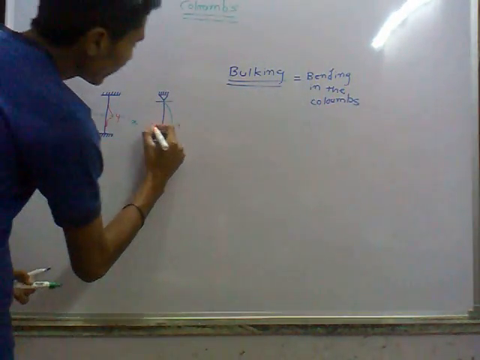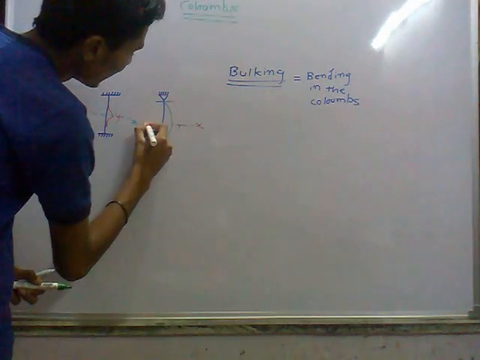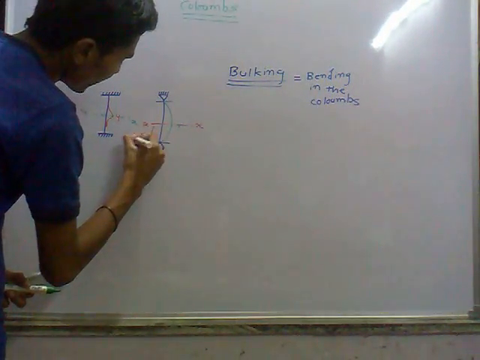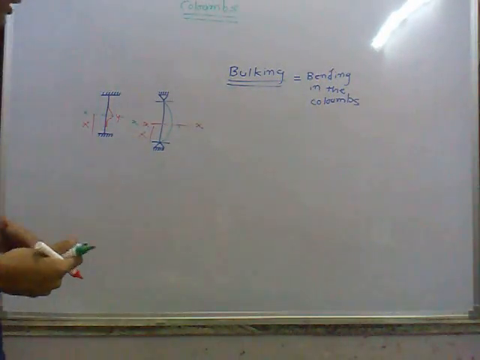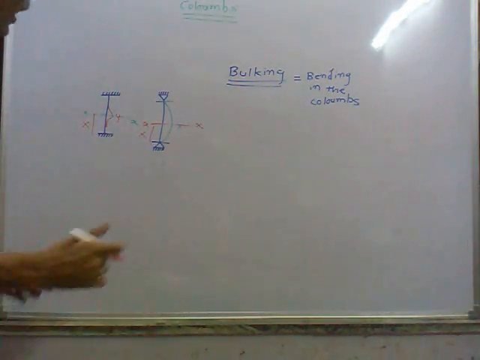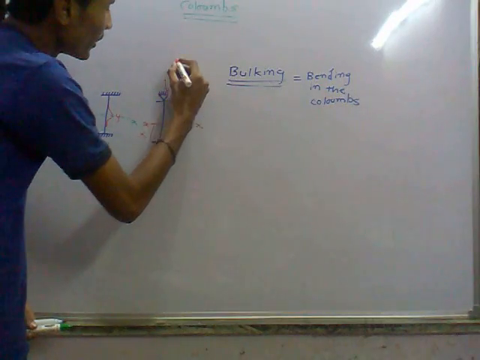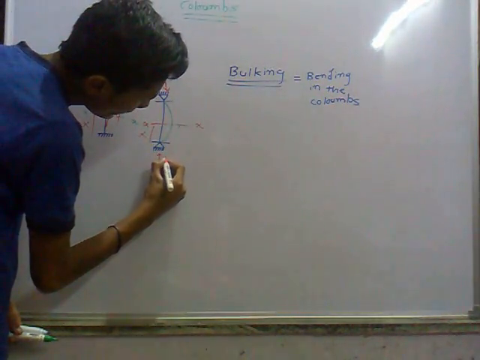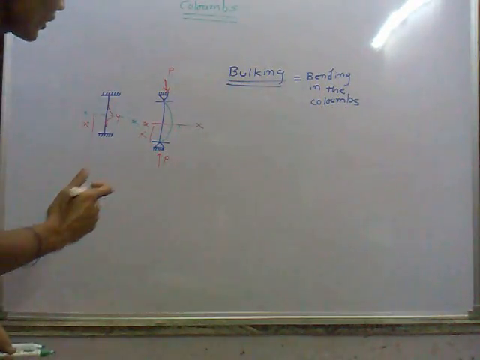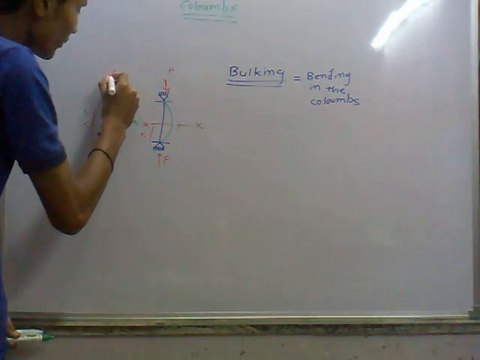Here also we are taking the cross-section xx, and this distance is capital X. But one condition is remaining: here we have to apply a load. Without load, no buckling is formed.